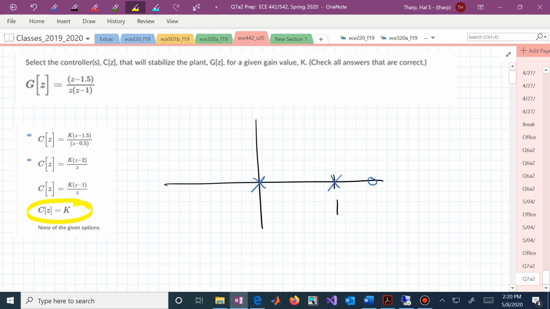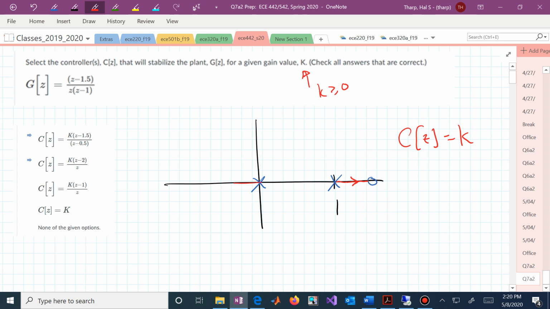Let's deal with this one first. For a non-minimum phase system, in this case, since that pole at 1 is right on the stability boundary, this is for C of Z, our controller, being a non-negative value K. So I should have said for a given K where K is greater than or equal to 0.